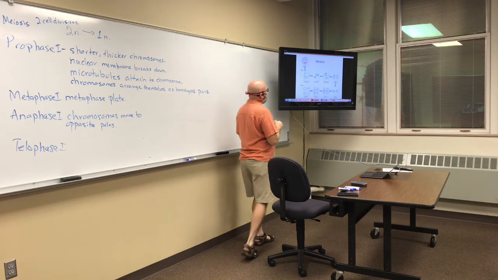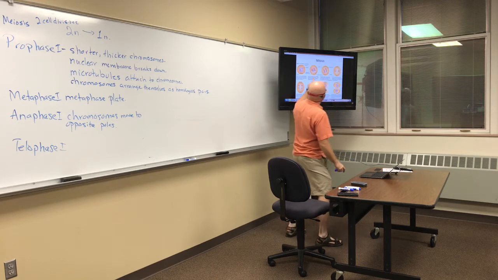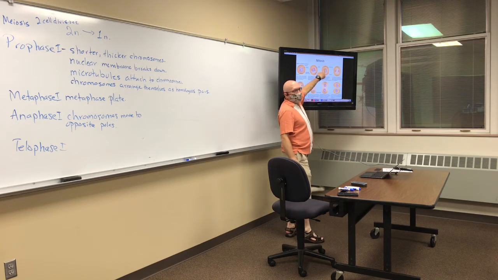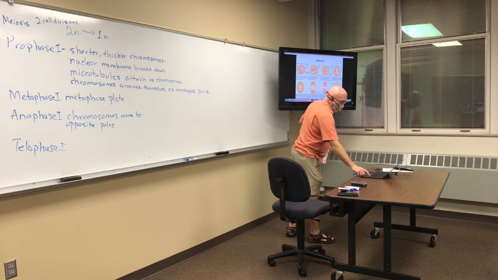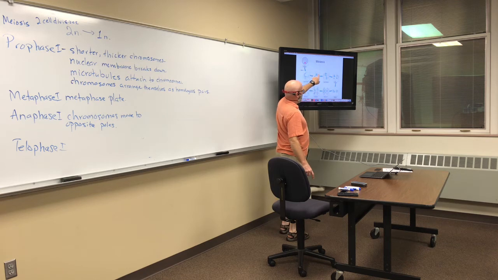So rather than the chromosomes just being kind of randomly scattered around the cell, the chromosomes become attached such that the long chromosomes hang out together and the short chromosomes hang out together.